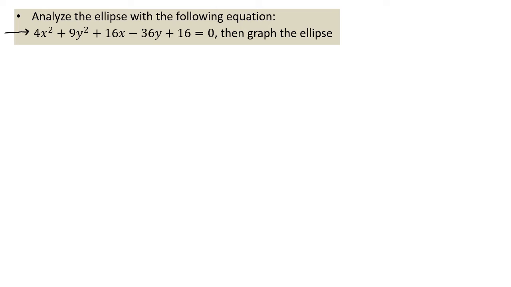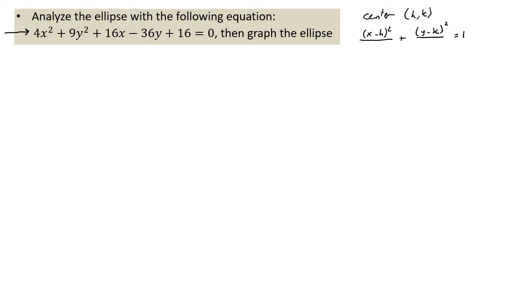So we start with this equation: 4x squared plus 9y squared plus 16x minus 36y plus 16 is equal to 0. And they told us it's an ellipse. So the general equation of an ellipse, if the center is not the origin, so if the center is a point (h, k), would be something like this: (x minus h) squared over something plus (y minus k) squared over something is equal to 1.